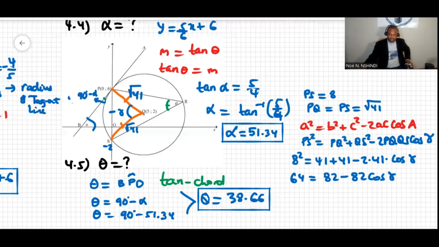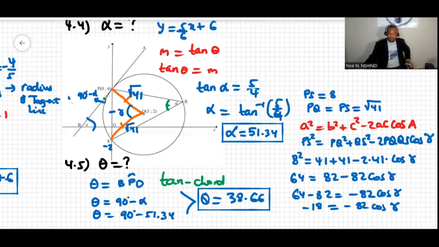If you move the 82 over, we have 64 minus 82 equal to negative 82 cos gamma. And 64 minus 82 is equal to negative 18.